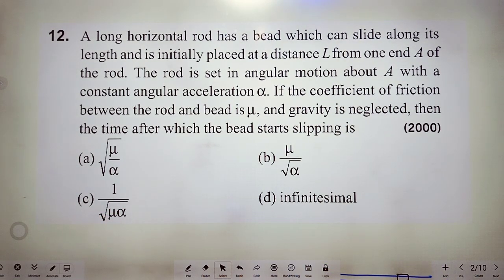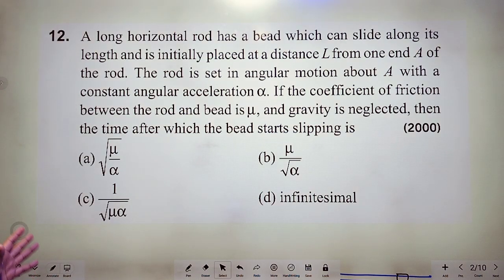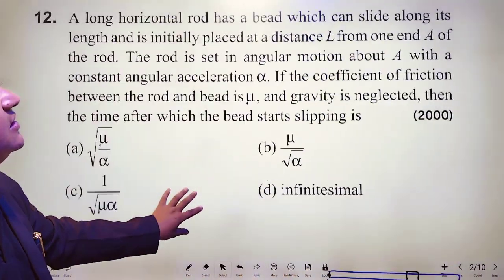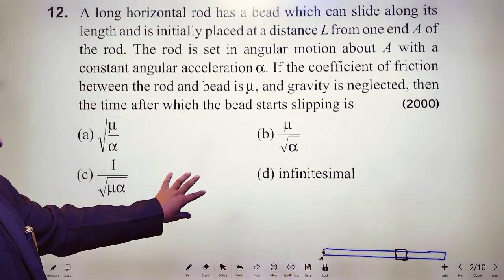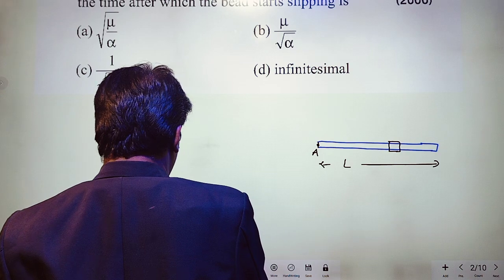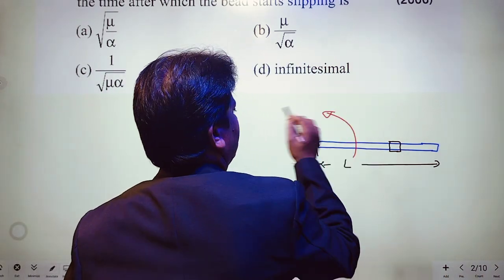The rod is set in angular motion about A with constant angular acceleration alpha. Here this rod is moving like this.